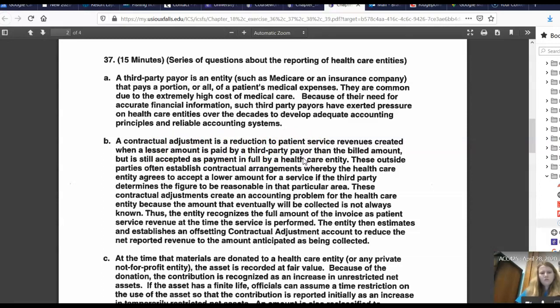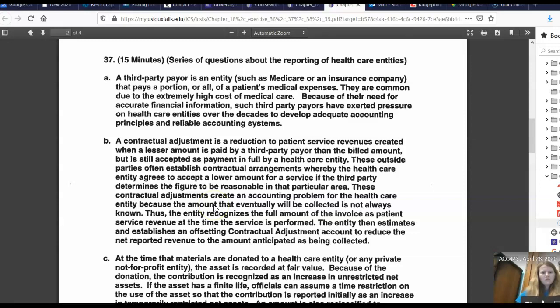So like Wellmark Blue Cross Blue Shield has said, we will pay X amount of dollars for this one procedure. And that contractual adjustment is agreed to by the healthcare provider and the insurance payer. Does that make sense?